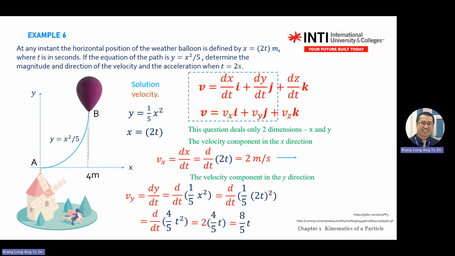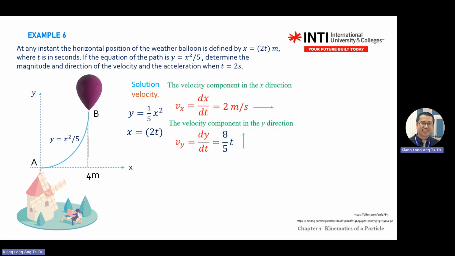So you have two answers. One is 2 meters per second. Z, we assume there is no Z. Okay, means this balloon moves in the plane, the XY plane. Okay, I put the two answers together.